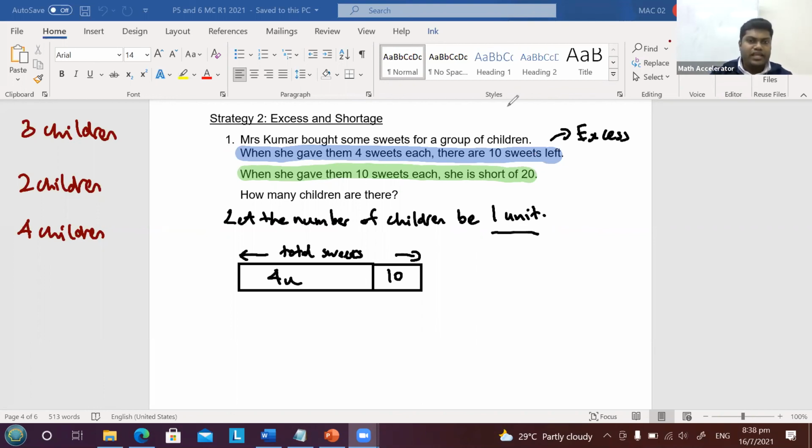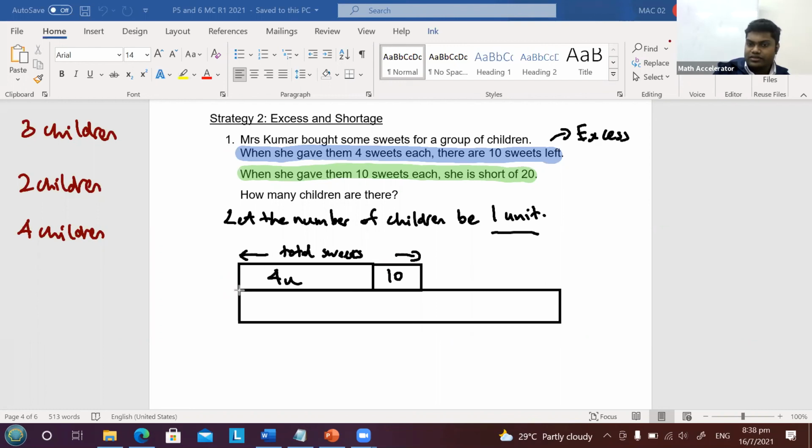Now let's talk about excess. So this is the total number of sweets. Now, if you give them 10 sweets each, she'll be short of 20. Short of 20 means this is the total sweets that she has, right? So, meaning that if you give 10 sweets each, you have to cater to more. And this would be the shortage that she would have faced.